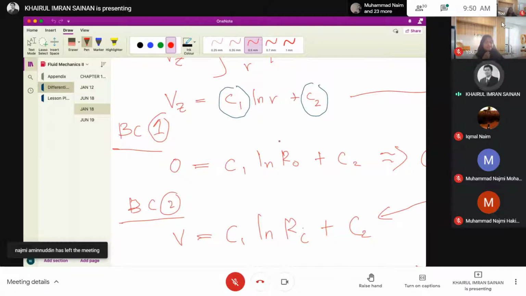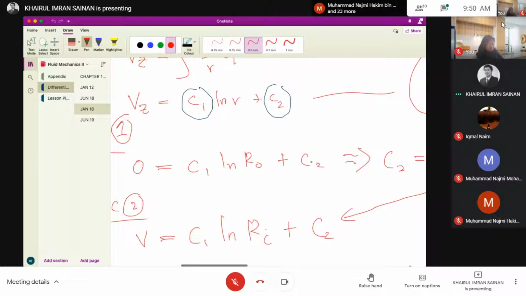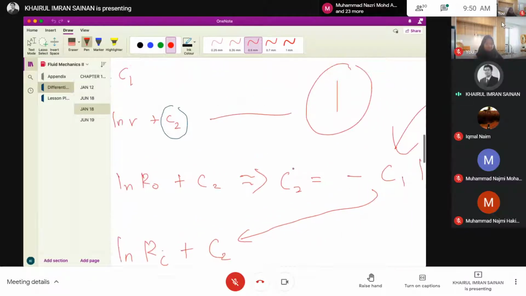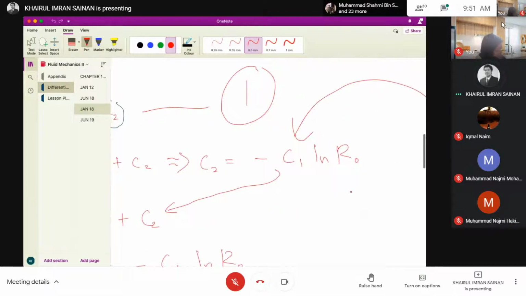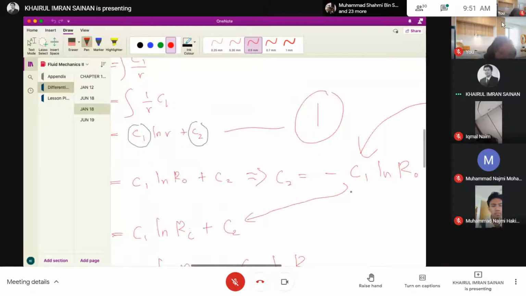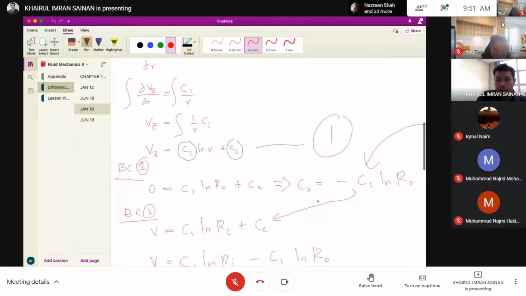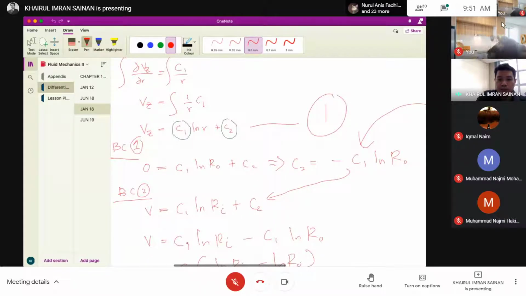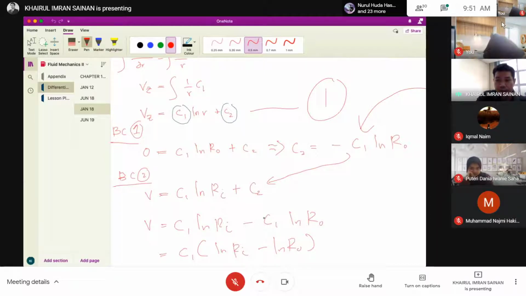So let's solve for C1 first. Meaning we need to find C2 from this equation. So C2 becomes negative C1 ln R outer. This term, we put in this other equation. So V equals to C1 ln R inner minus C1 ln R outer.